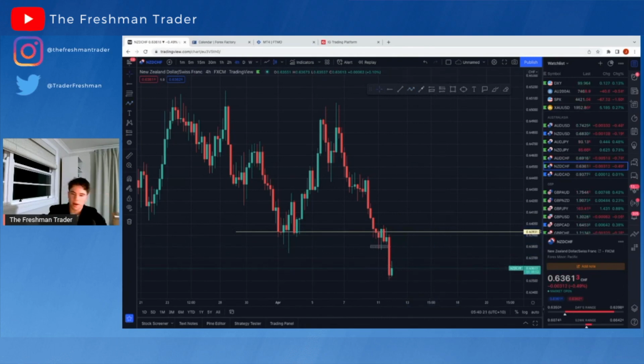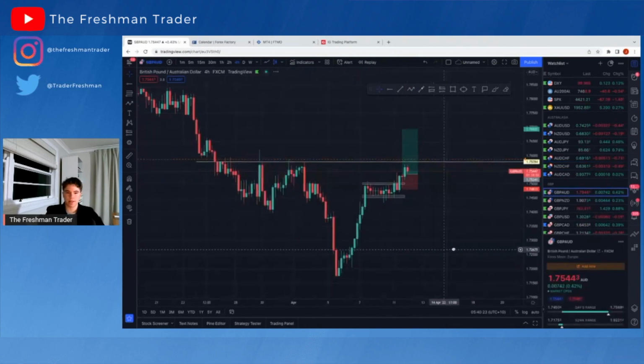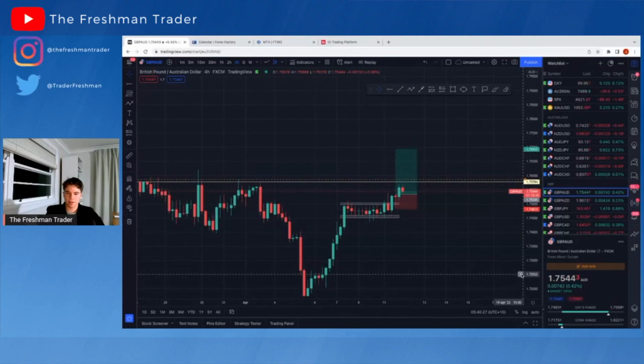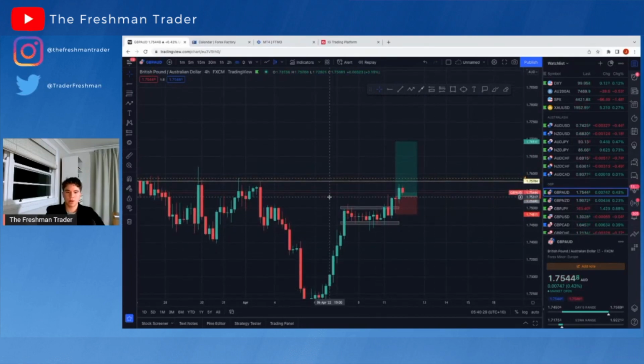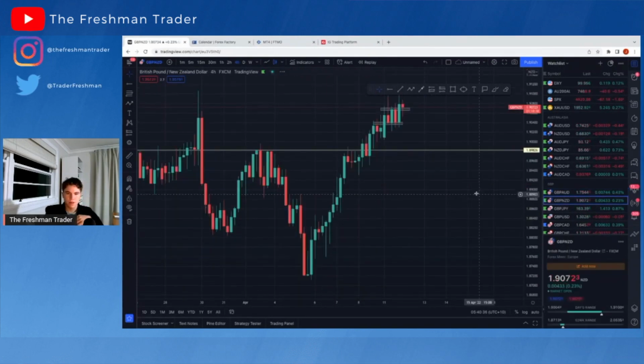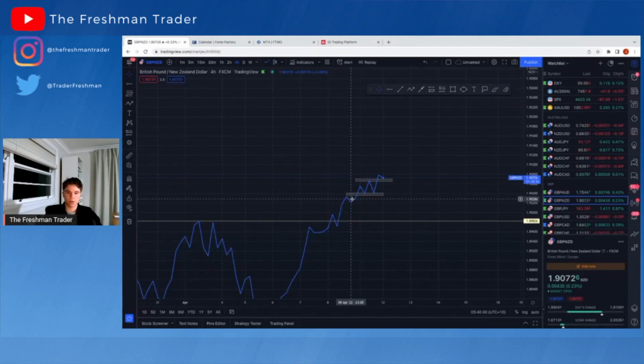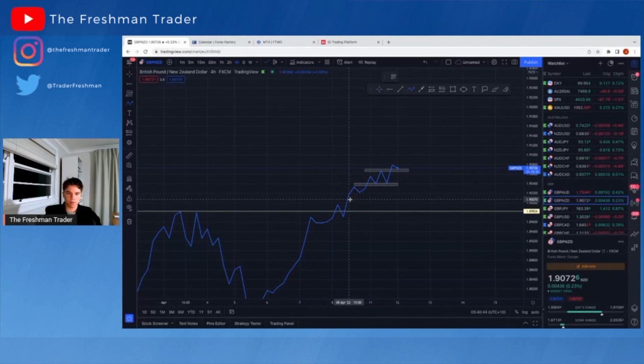Okay. GBP AUD, as I mentioned before, we are just creating higher highs. So hopefully we can see this push bullish continuing and see the Aussie dollar weaken as we go along. GBP NZD is a very similar structure. We'll flip to the line chart to make it a bit more clear, but you can see we have price pushing up, higher high.